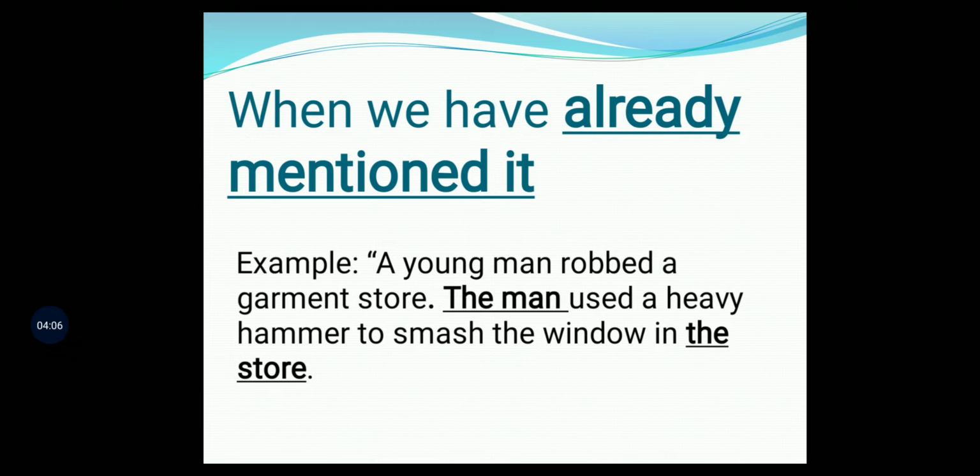So here you note the second sentence that begins with the man is actually referring to the young man that we saw in the first sentence. So a young man when referred to again becomes the man. And again, when we're referring to the garment store in this next instance, it becomes the store because we already know which store is being talked about.